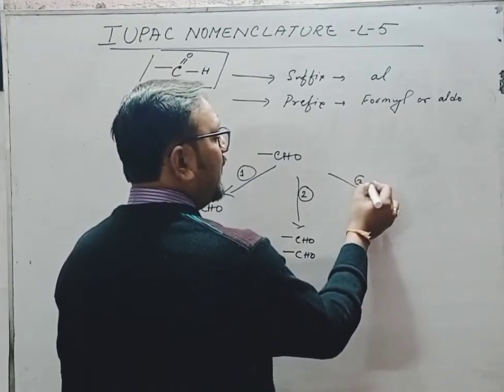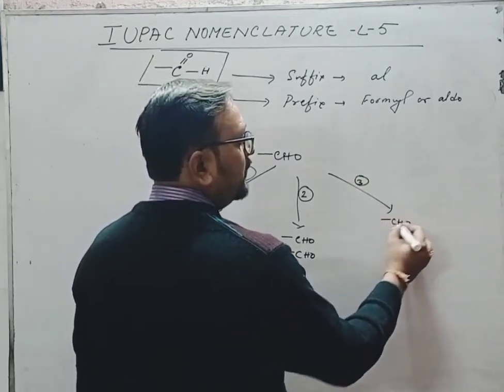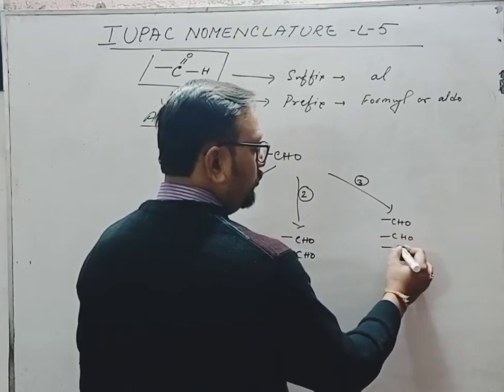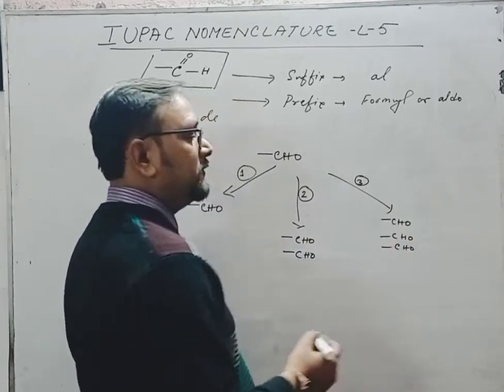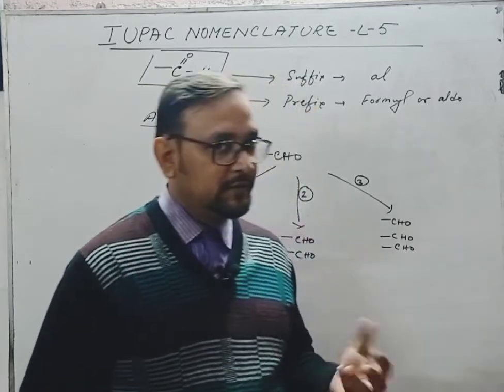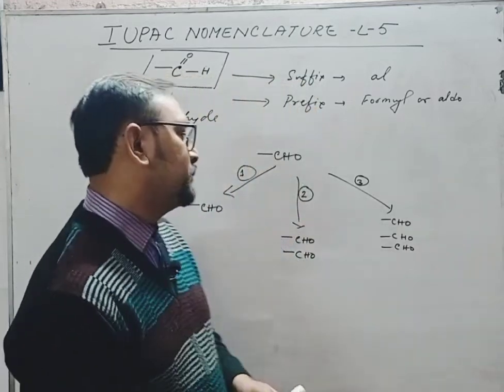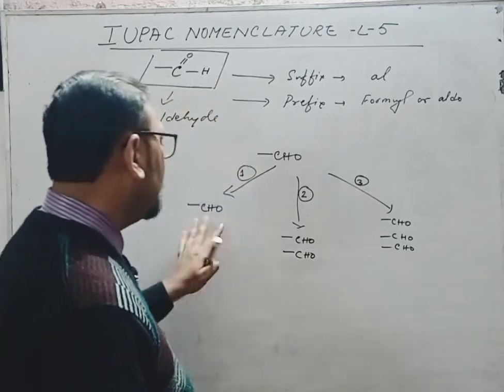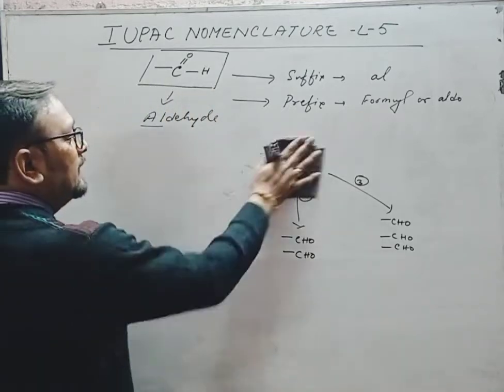And if three aldehydes are there in the same compound, which means greater than 2, then also how to name it. These three things we are going to discuss in this lecture. So let's start. First I will start with the single aldehyde.